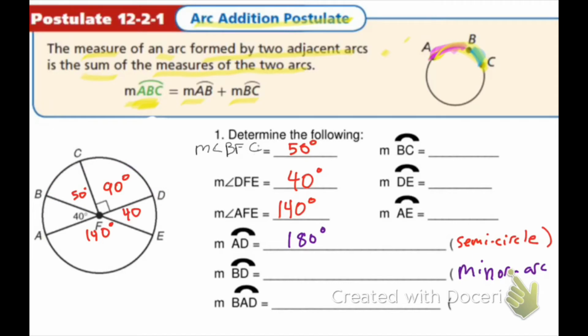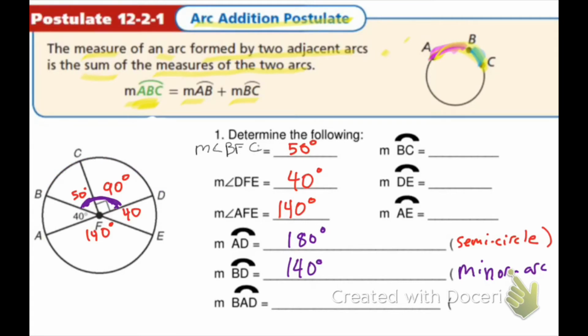So the minor arc from B to D is going to be equal to the sum of 50 and 90. That will give me the central angle right here. So that is going to give me 140 degrees. 90 plus 50 gives me 140, which means that the central angle is 140, which means this arc here is 140 degrees.